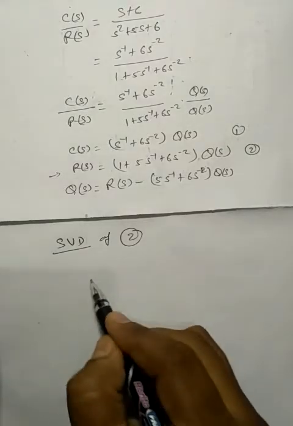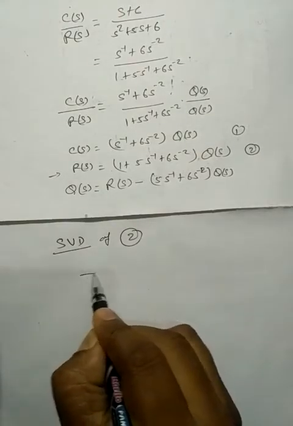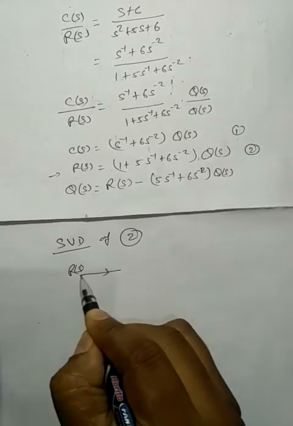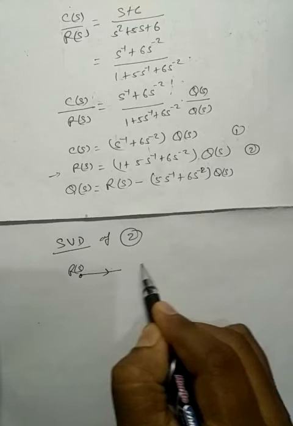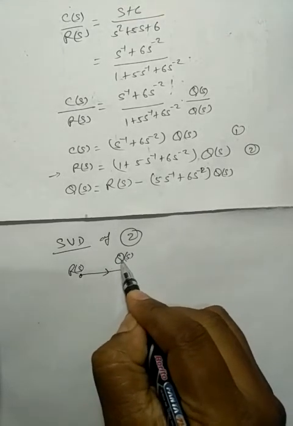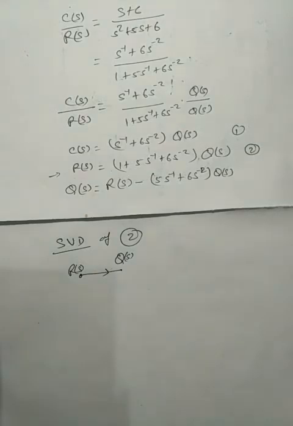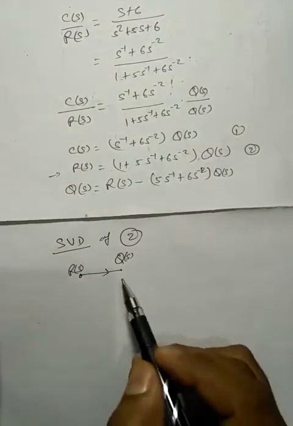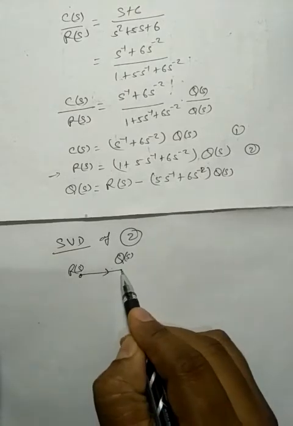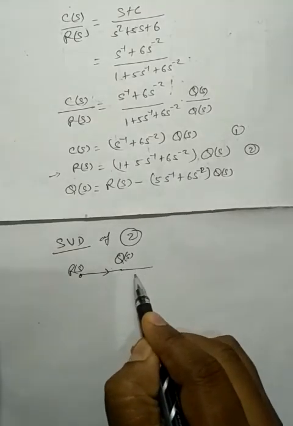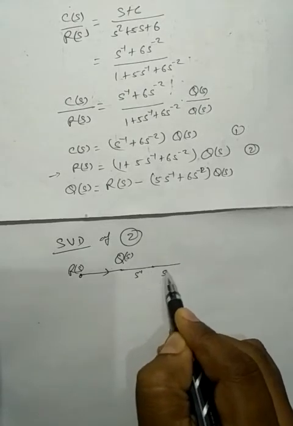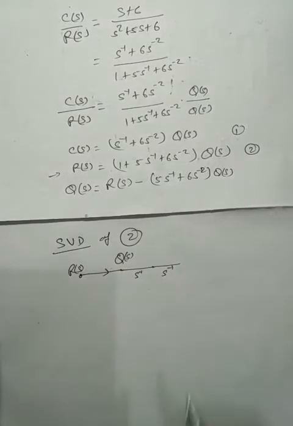then I get, here I have R(s) input, right, and let's say here I have Q(s), the intermediate state, and since I am using S inverse and S power minus 2, so here I have S inverse and here I have S inverse again.